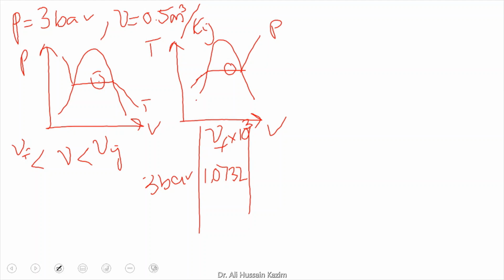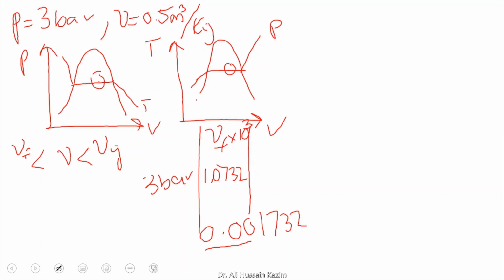Why is the entire table multiplied by 10 raised to power 3? Because if it is not, we would have to write the table as 0.001732. So it will take more space. That is why they have multiplied the entire table by 10 raised to power 3.